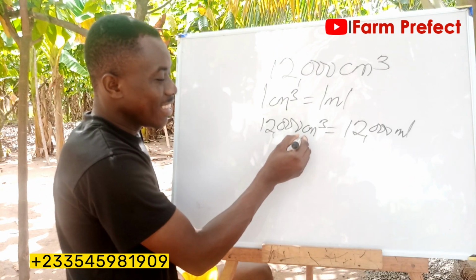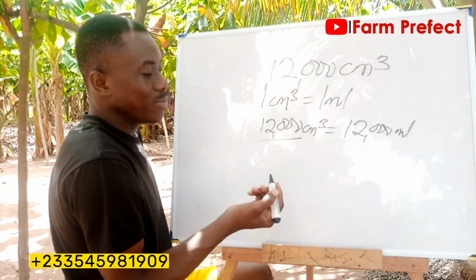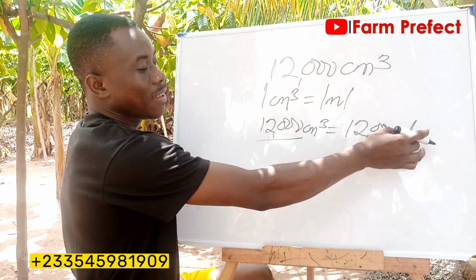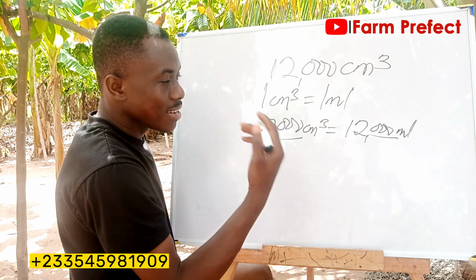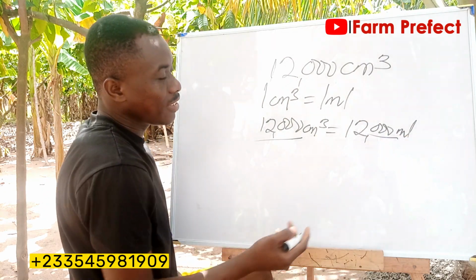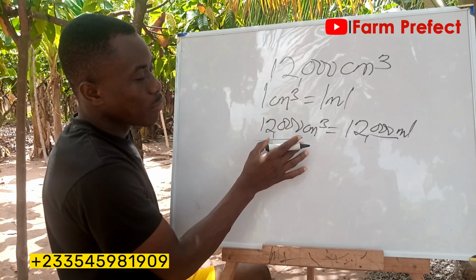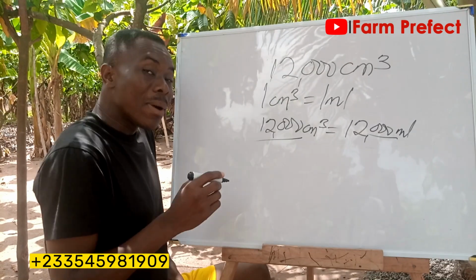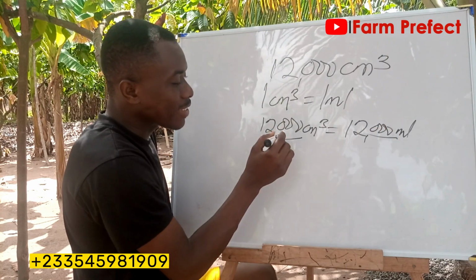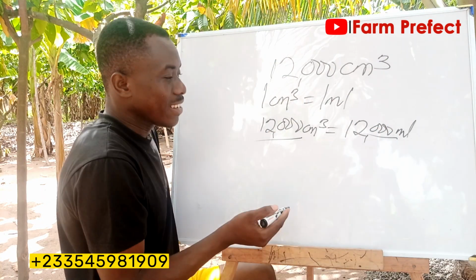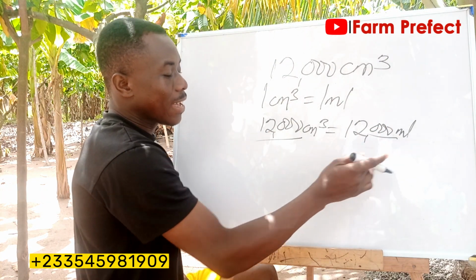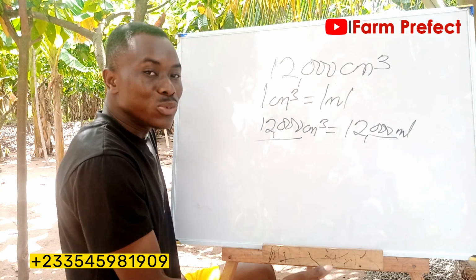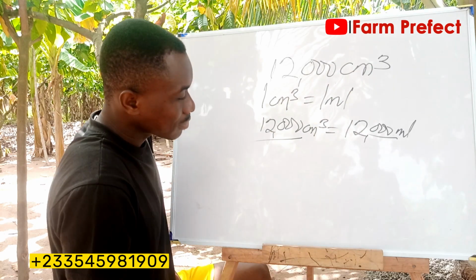What changes is the numeric value, while the measurement, the standard unit, changes. So 12,000 cm cube will be equal to 12,000 mil. Now remember, our goal is to convert to liters. So now that we have milliliter, we should be asking ourselves, how do we get to the liter?